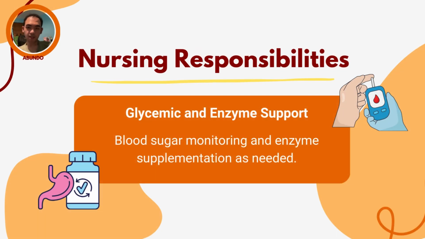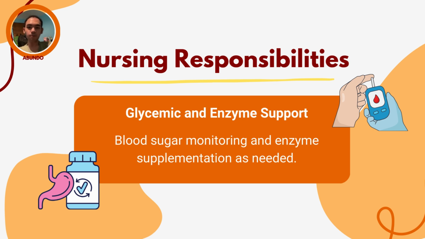The third one is the glycemic monitoring and enzyme support. Because the Frey procedure may impact both endocrine and exocrine functions of the pancreas, nurses play a critical role in monitoring blood glucose levels and recognizing signs of hypo or hyperglycemia.